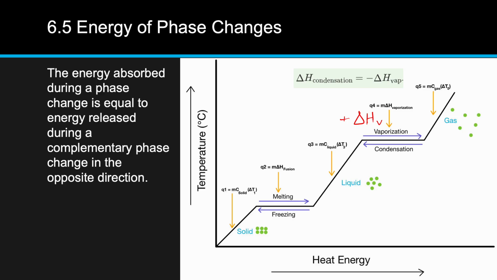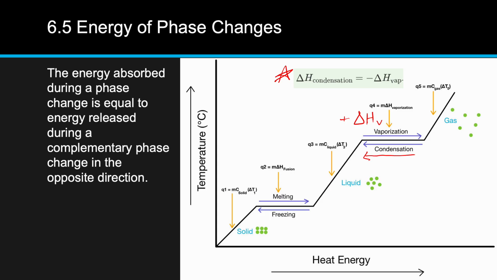Now, if you were given the delta H of vaporization and it asked you to solve for the delta H of condensation, all you're doing is taking the negative of that value, which is shown here in the example. Because condensation is going to be the same amount of energy, however, this time it's going to be released instead of absorbed.